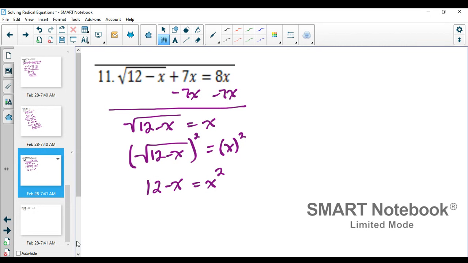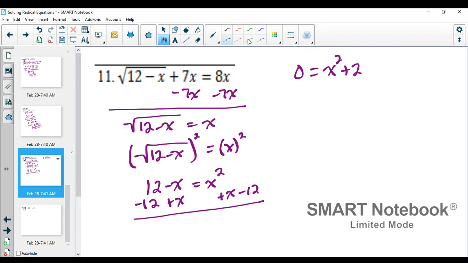Once again, we want to get everything on the same side of the equal sign. So we're going to subtract the 12 and add the x. So we have, I'm going to just move it up here, 0 equals x squared plus x minus 12. And now we have to factor this.